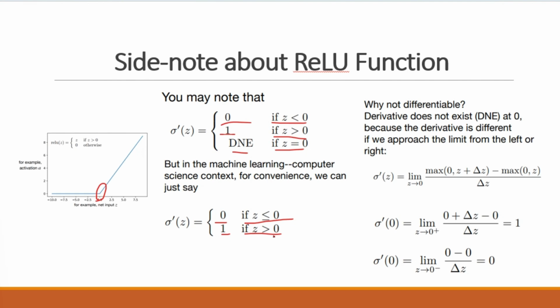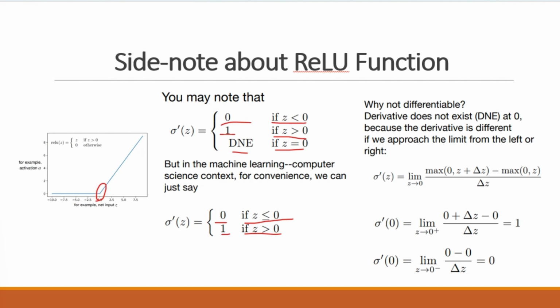It's so rare that we hit exactly 0 anyway, because usually we work with floating point numbers with lots of decimal digits, so it's very rare to hit an exact 0. So even though it's not differentiable in a mathematical sense, in the computational case we make this little adjustment and define the derivatives as follows.